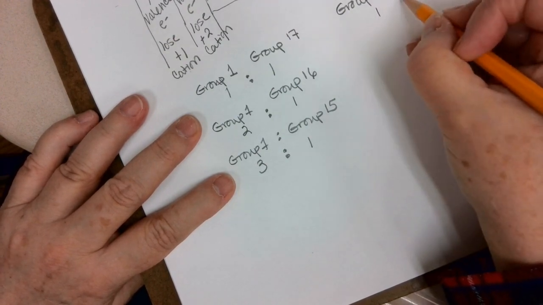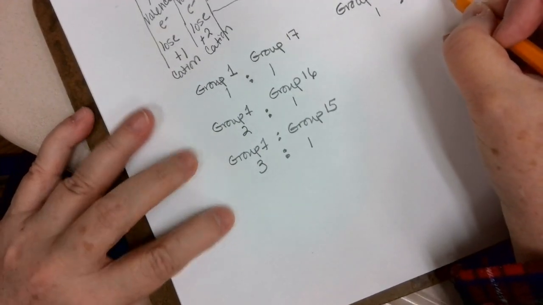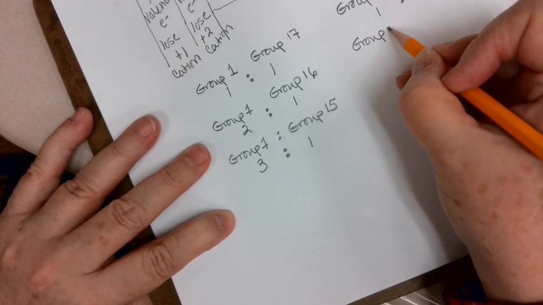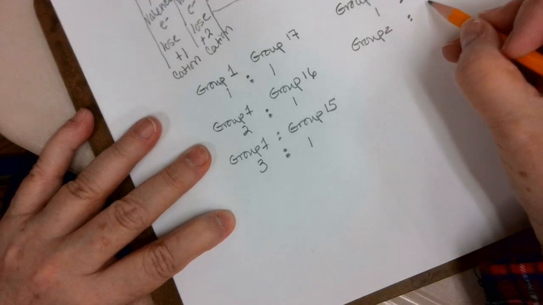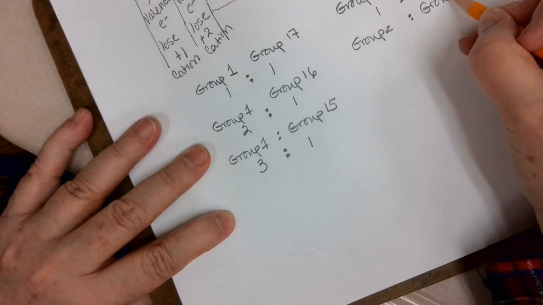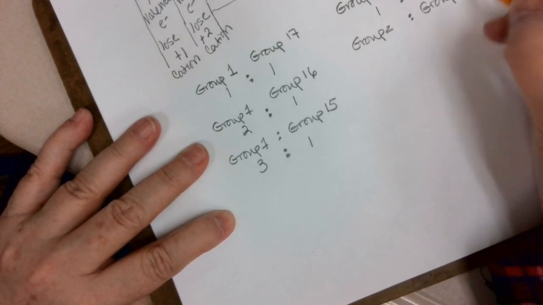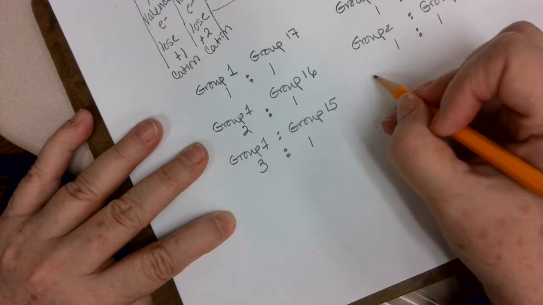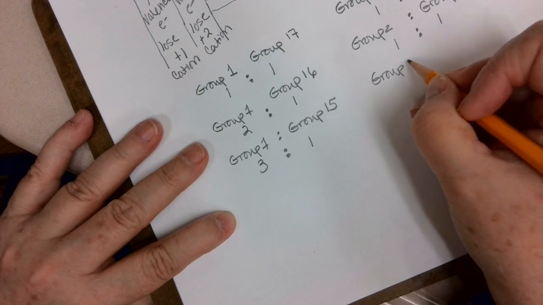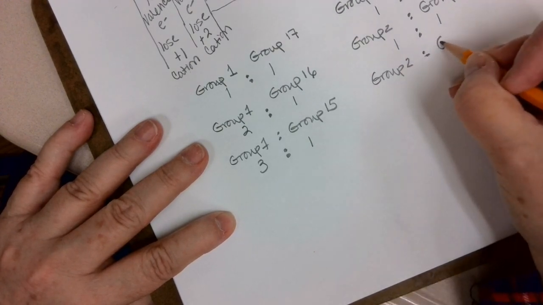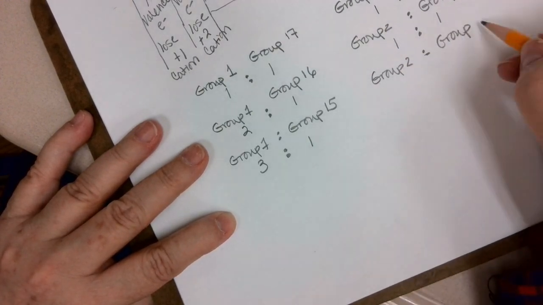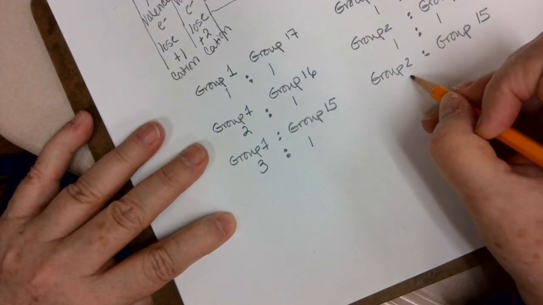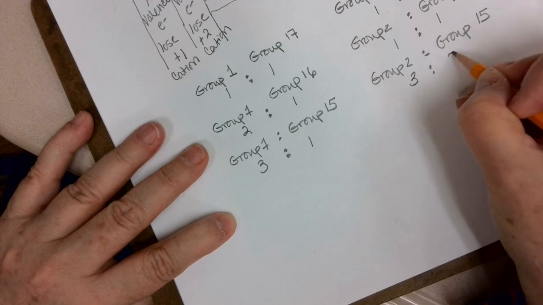This would be 1 to 2, and group 2 to group 16 was a 1 to 1, and then group 2 to group 15, in this particular case, this was going to be a 3 to 2.